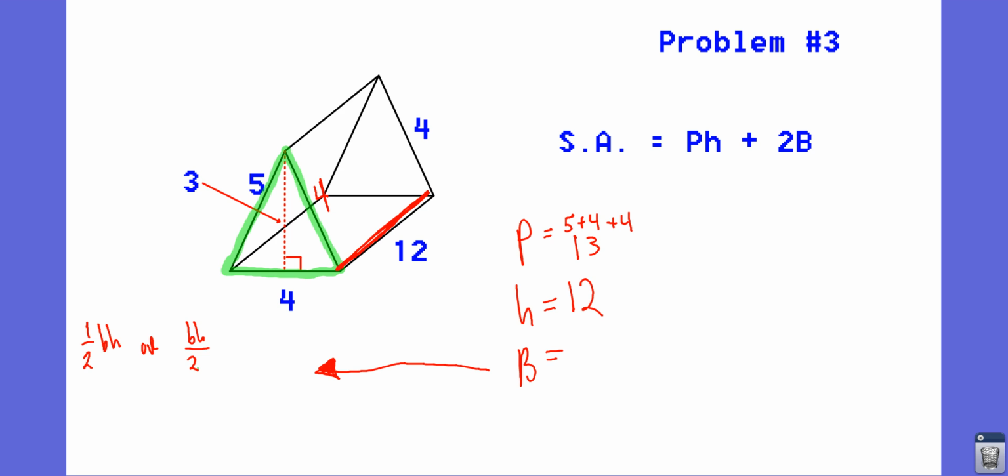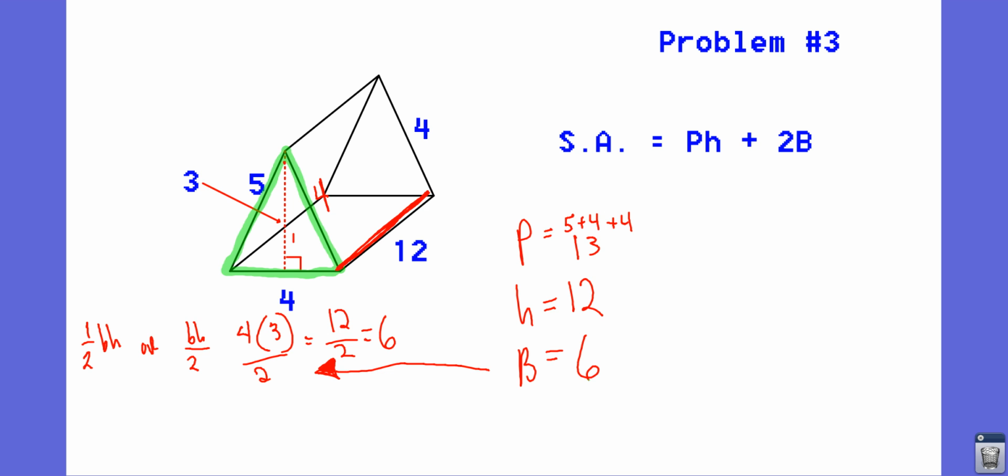The base of the triangle looks like the right angle is sitting on top of the 4. So there's our base. The height of the triangle, pointing to the line that shows you from the bottom to the very tippy top, is 3. So that's 12 divided by 2 is 6.